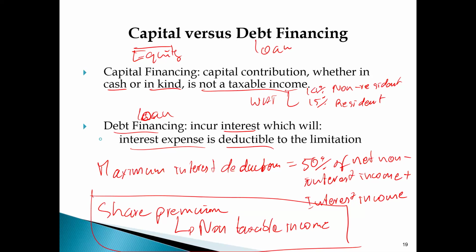But it's still in the equity account. Some tax officers have not yet decided whether it's taxable or non-taxable. Some will say non-taxable. Some will say it is taxable because it seems like the company receives a gain on issuing more shares. That doesn't make sense to me, because share premium is equity.